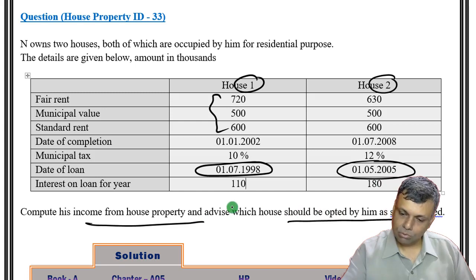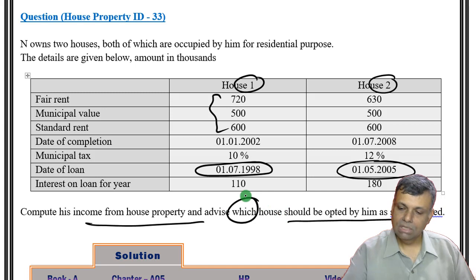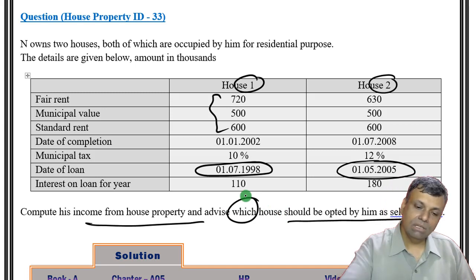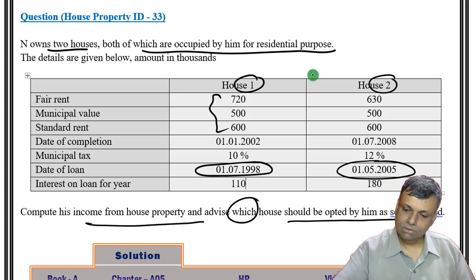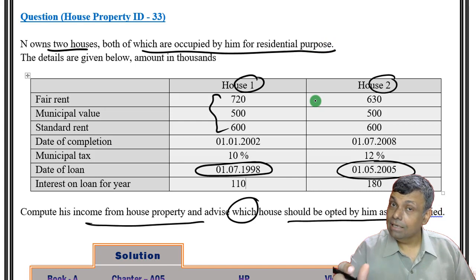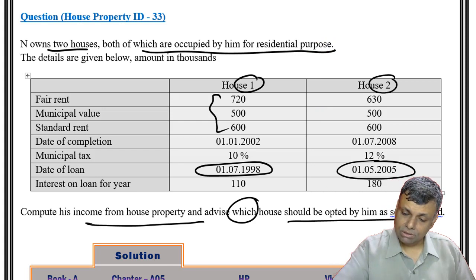The question is asking which house, but both the houses you can claim as self-occupied, because it is already given in the question. He owns two houses which are occupied by him for residential purposes. So he can claim both houses as SOP, no doubt about it. But now the interest calculation will bother, so the aggregate limit with respect to interest comes into the picture.